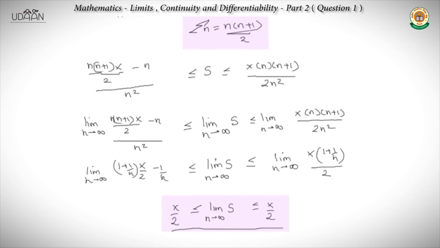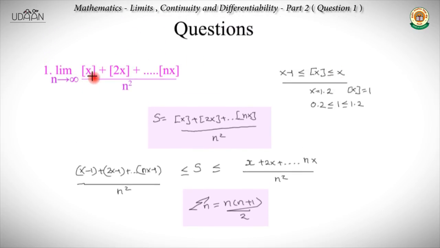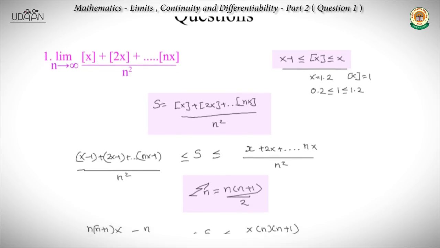Exactly. Right, so let's just recapitulate the question over here. Question 1 was to find the limit as n tends to infinity of [x] plus [2x] and so on till [nx], whole divided by n square. Firstly we used the identity of [x] by the definition of the greatest integer function, and we incorporated that into the assumption we made, S equals [x] plus [2x] and so on till [nx], by n square.